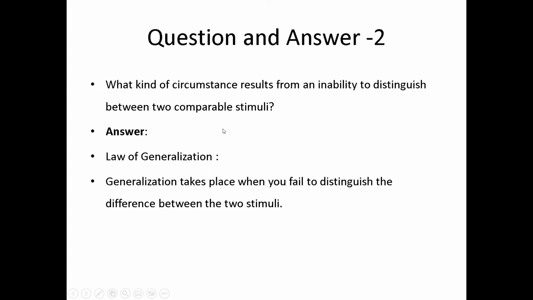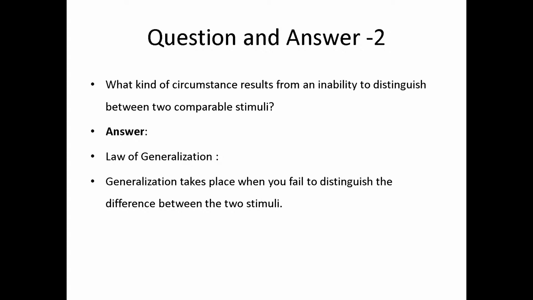What kind of circumstance results from an inability to distinguish between two comparable stimuli? You see, two comparable stimuli: the theater buzzer and the school bell. Both are sounds, and the child is not able to identify the difference in the early phase. So this is happening due to the law of generalization.